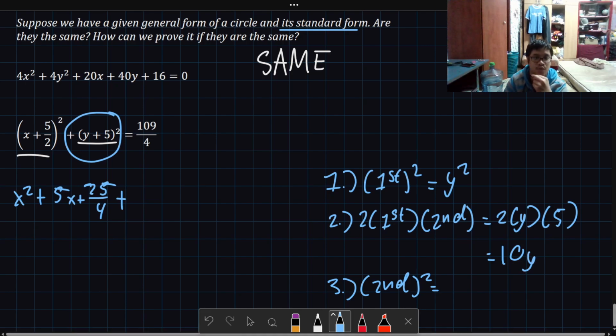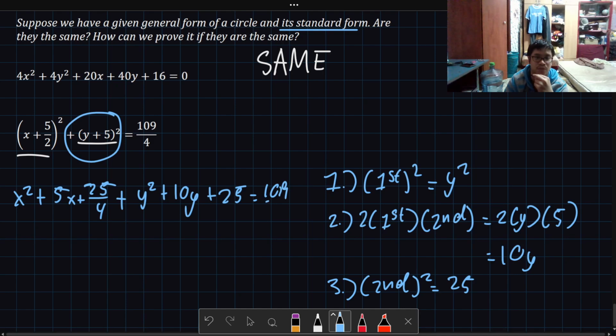And lastly, square the second term, 5, which gives you 25. So as a result, you have y² + 10y + 25 = 109/4. Everything is expanded, no more parentheses.